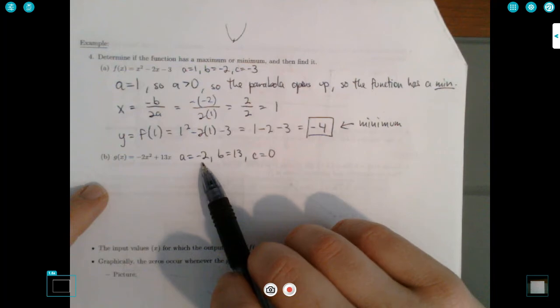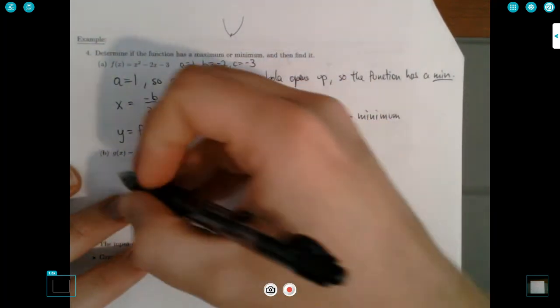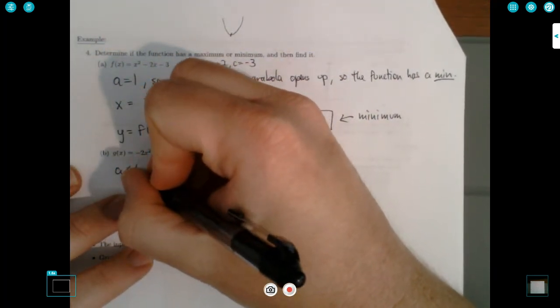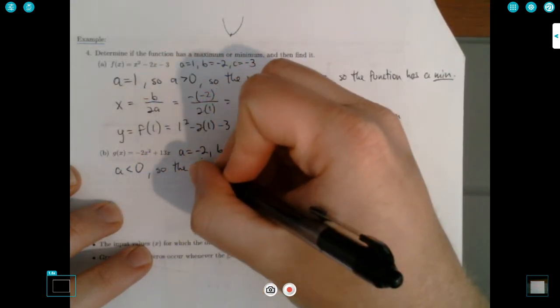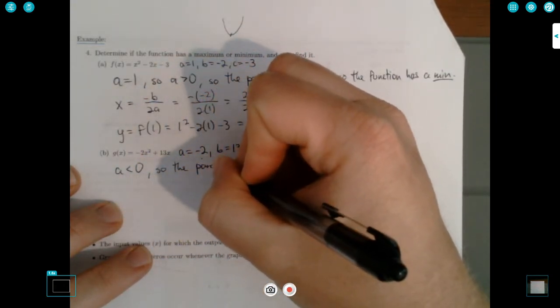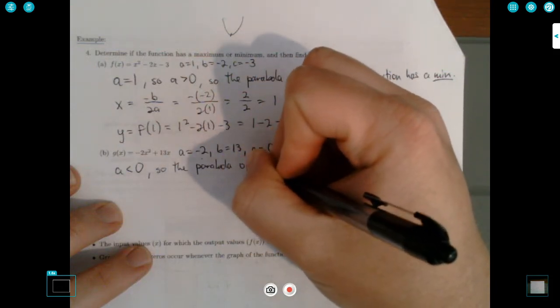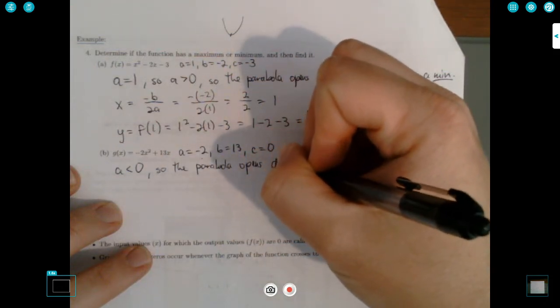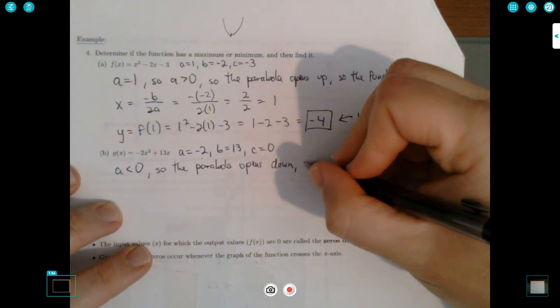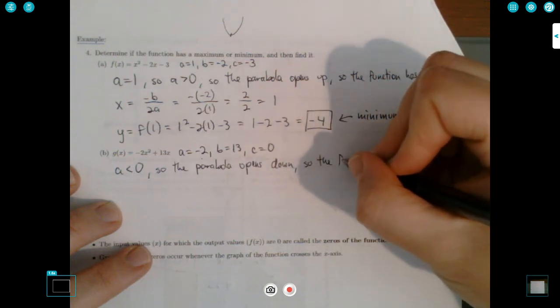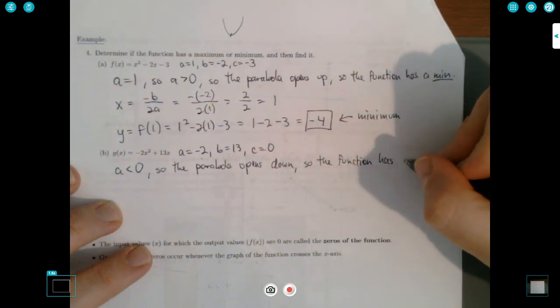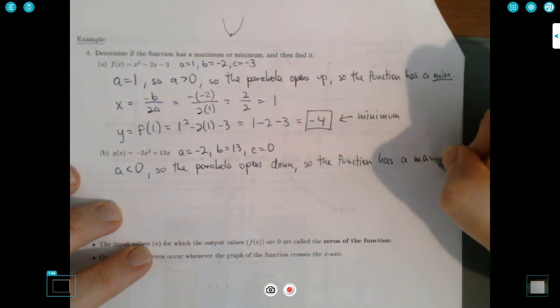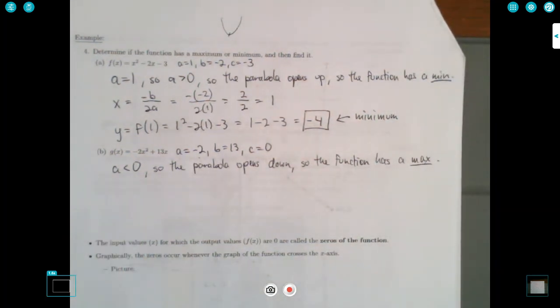Okay, well, since a is a negative number, the parabola opens down. So the function has a maximum.